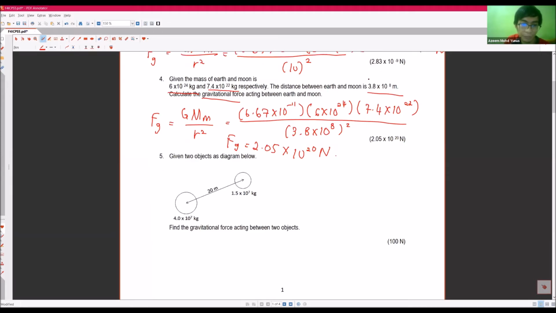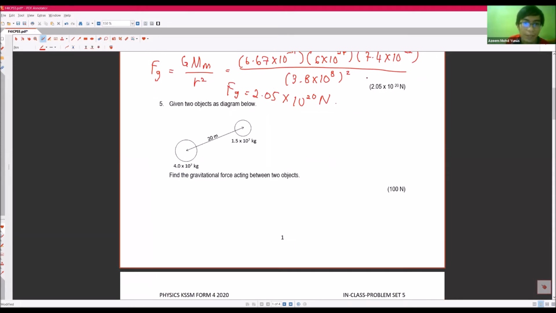Okay. Number 5. Given two objects as in the diagram below, find the gravitational force acting between the two objects.